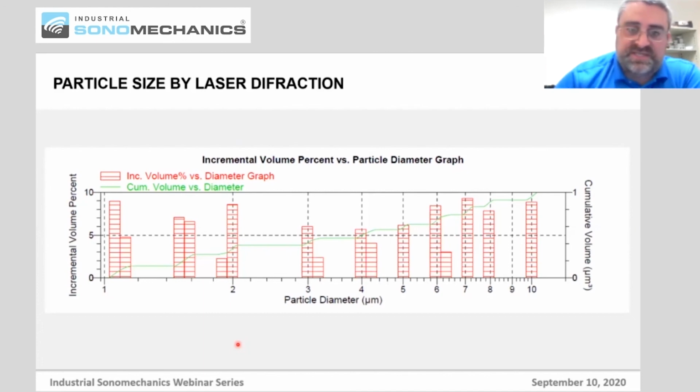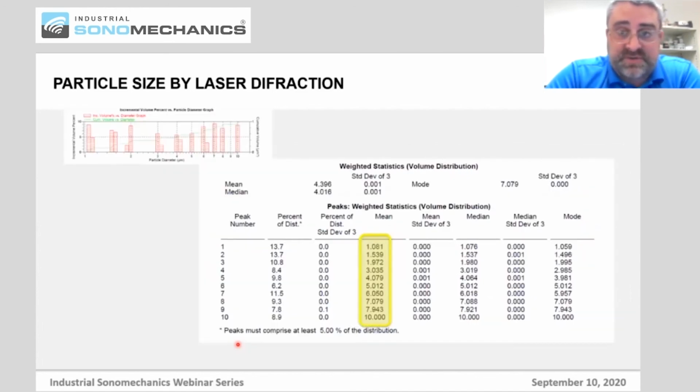You can also get more specific data like mean, median, and mode of the entire distribution, as well as statistics on the individual peaks and the individual sizes. Here you can see where the mean is, and how much those reference materials that were purchased from Thermo Fisher agree with the actual label claim. So this is the typical data reported by laser diffraction.